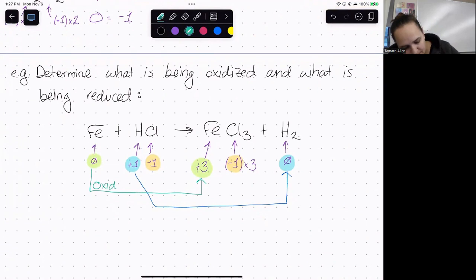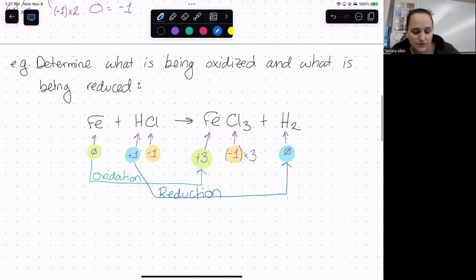So specifically, this change of iron 0 to iron 3+ is an oxidation, is losing electrons. Our iron is becoming more positively charged, so it must have lost those negatively charged particles. And the hydrogen is going from +1 to 0, so it gained some electrons and is being reduced.